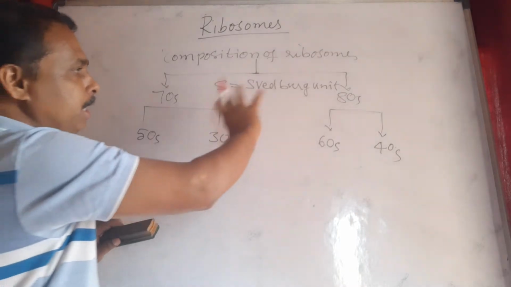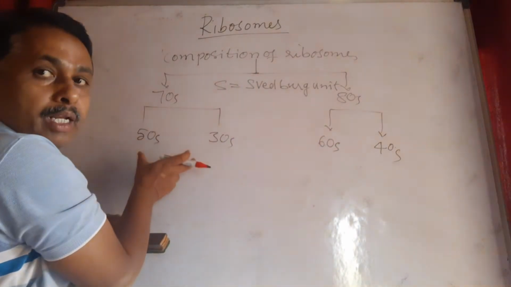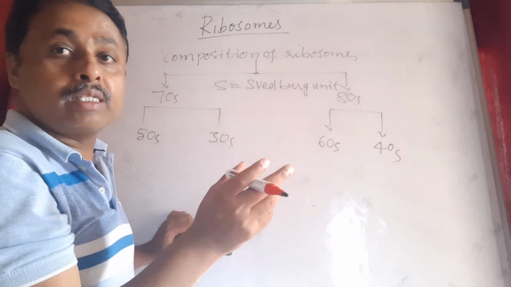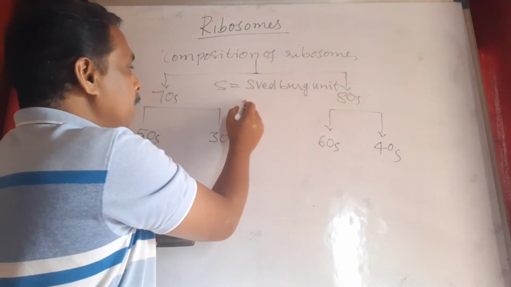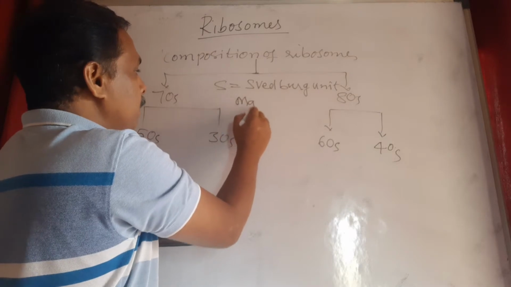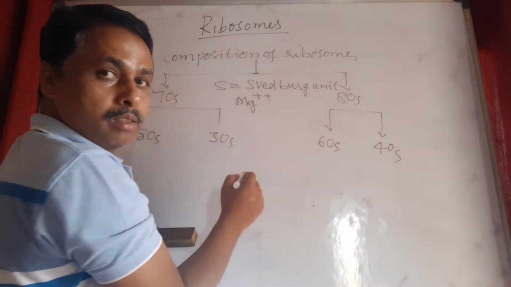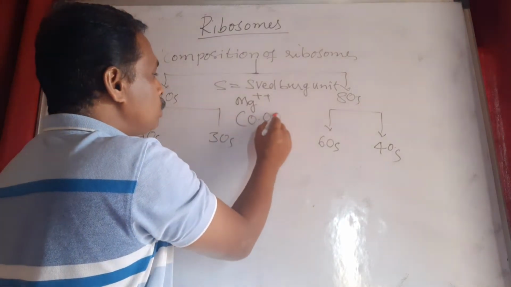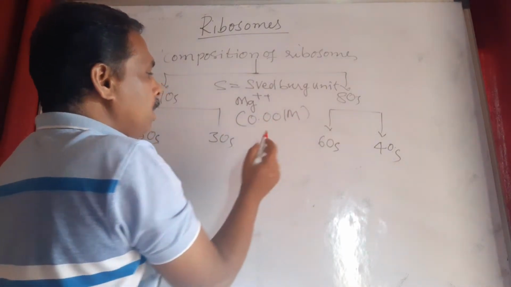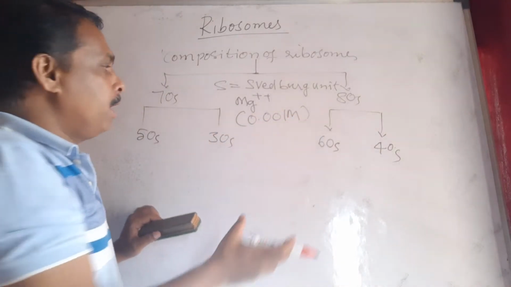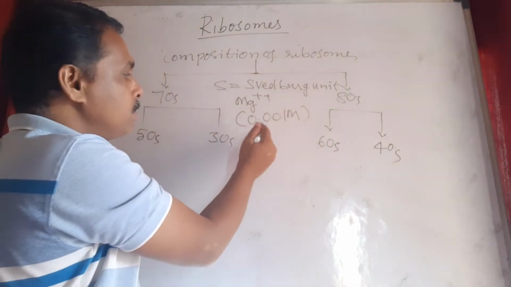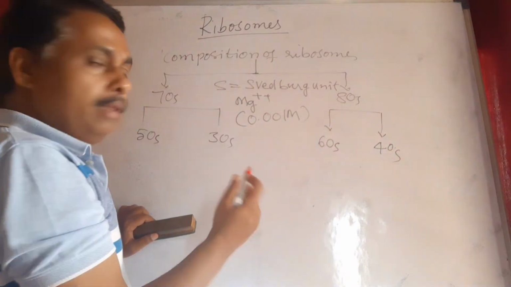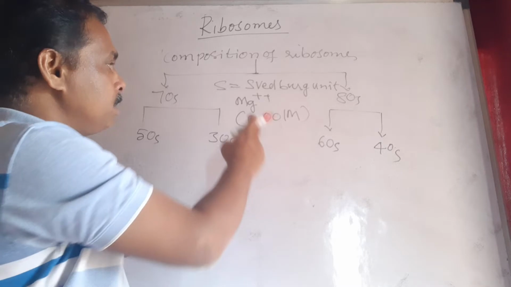The association or dissociation of the smaller and larger subunits is based on the critical concentration of magnesium ion. The critical concentration of magnesium ion, Mg2+, is about 0.001 mole. In the cytoplasm, if the magnesium ion concentration is about 0.001 mole, that is called the critical concentration of magnesium.